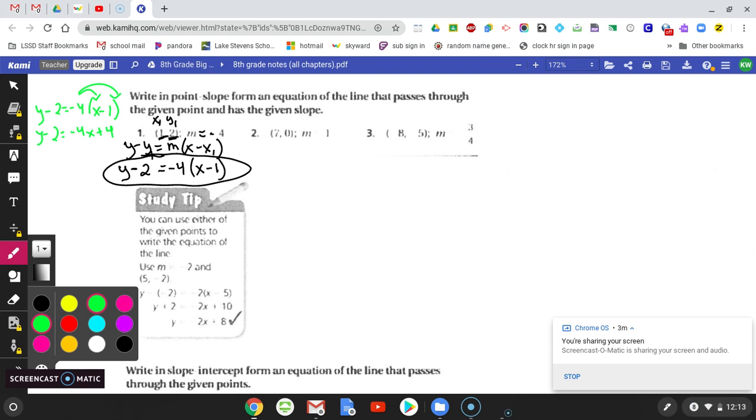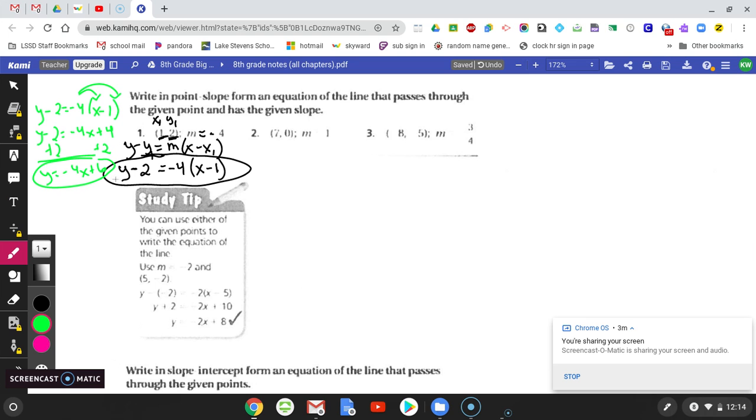If you're not 100% following along with this green part, it's okay. You don't have to stress about it. I'm just showing you so that you can see. And then I would need to add the 2 over, which would give me y equals -4x plus 6. Those 2 circled things actually represent the exact same thing. One just took a lot less work to get there.